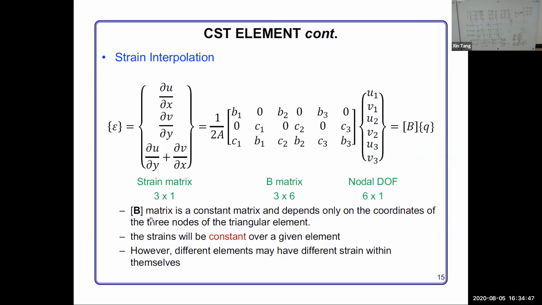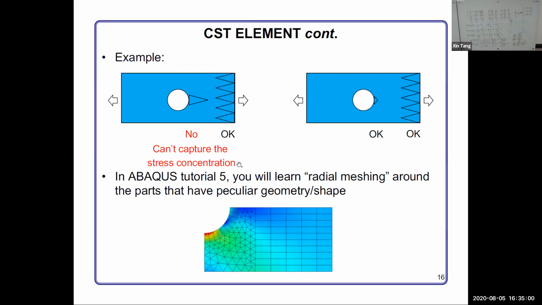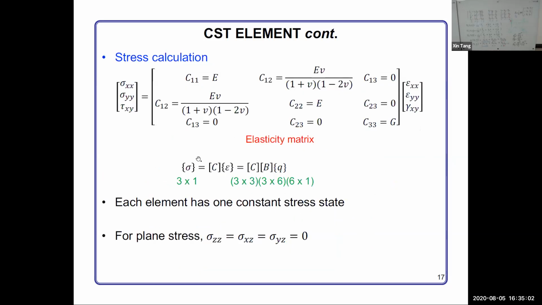The B matrix is a constant, and this gives the constant strain. We will talk about this later.